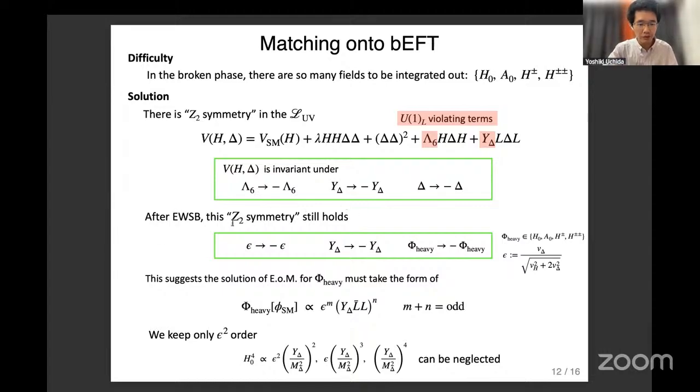And after the electroweak symmetry breaking, this symmetry still holds in this form. So this suggests that the solution of the equation of motion for the heavy scalar field, phi heavy, the heavy scalar field to be integrated out, is odd. So this odd field must be proportional to this odd parameter. So this symmetry makes integrating out much simpler.